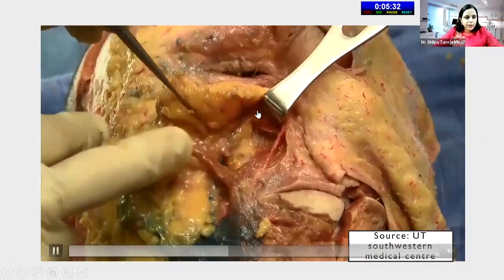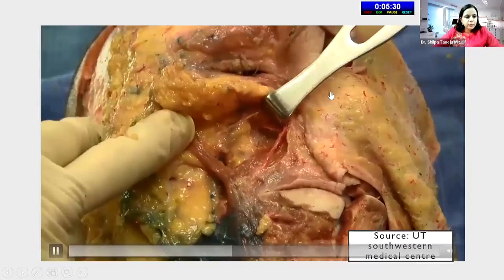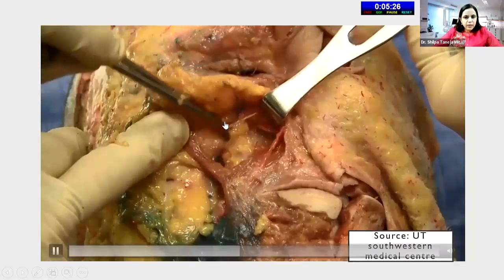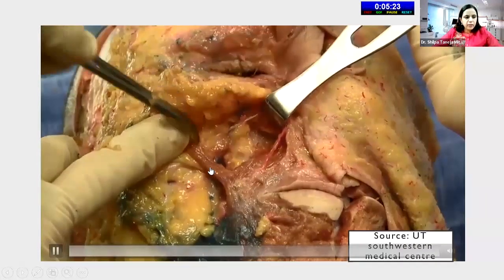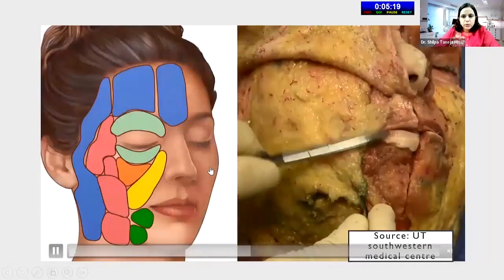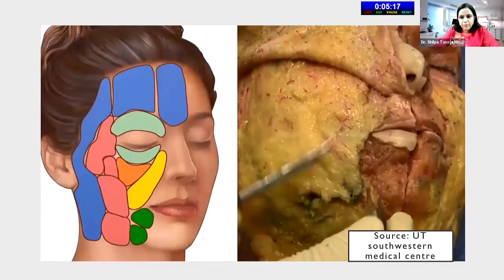So inject laterally and massage the filler medially. The branch of the facial vein comes here, as we can see in the malar area, in the superficial fat layers, so inject deep in this area.